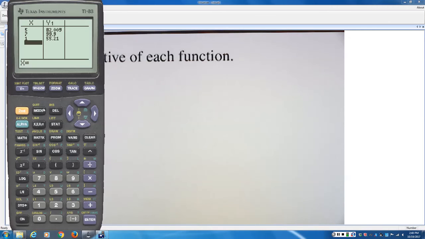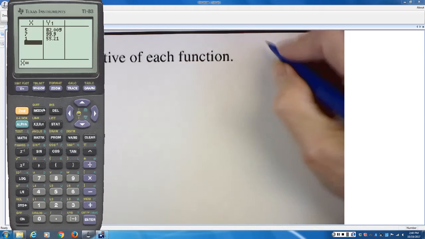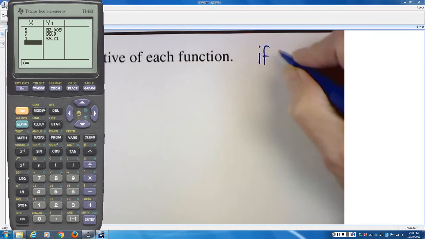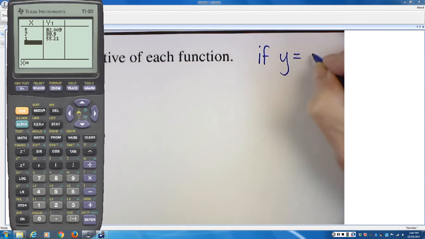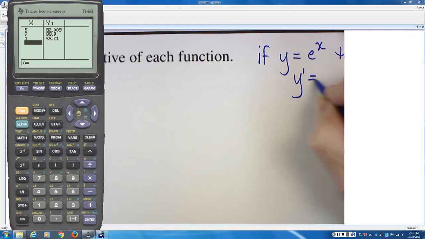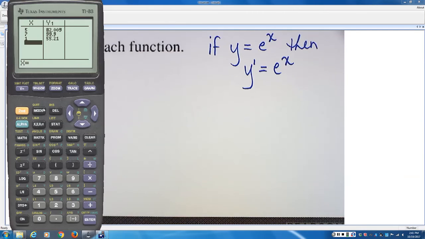For the derivative of exponential functions, which is what we're going to look at first, there's your rule.